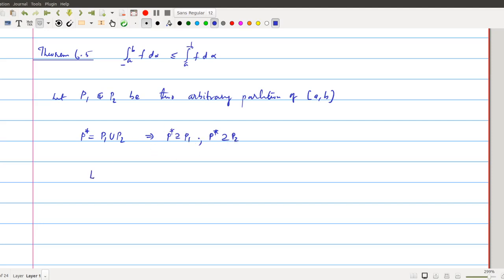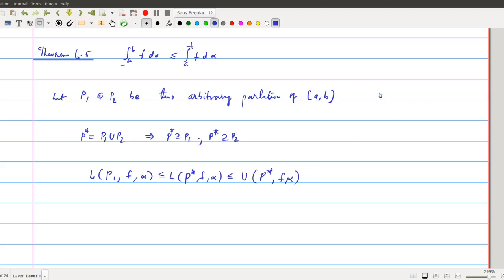Now we use the previous result: L(P1, f, alpha) is always less than or equal to L(P*, f, alpha), because P* is a refinement of P1. Now we know this lower sum is always less than or equal to the upper sum U(P*, f, alpha).